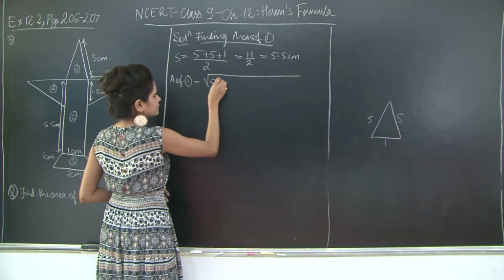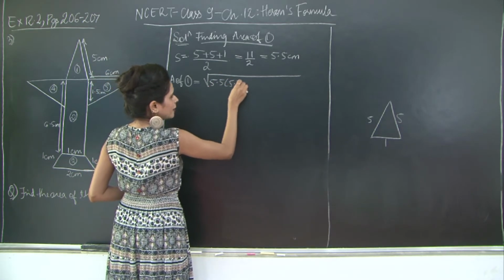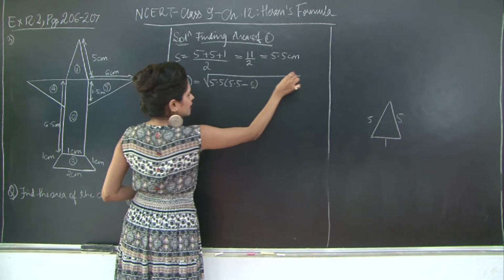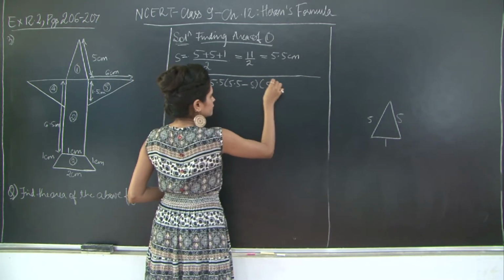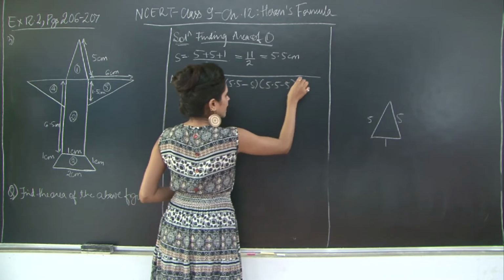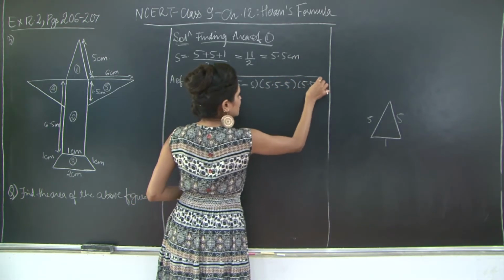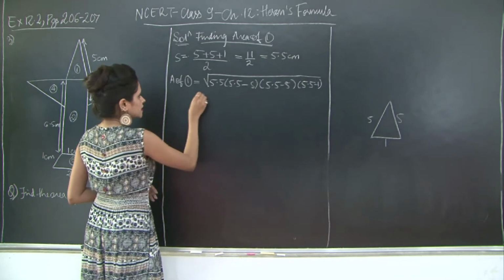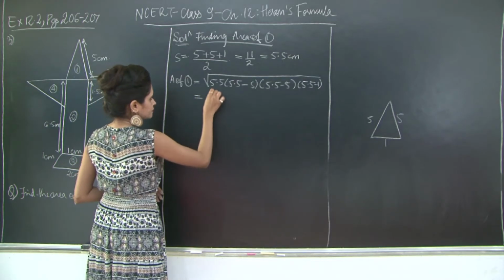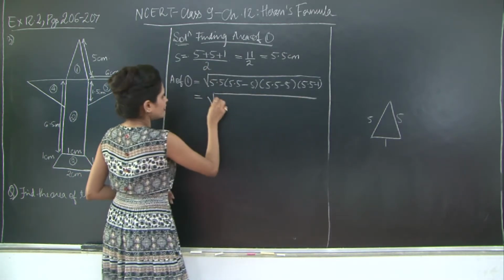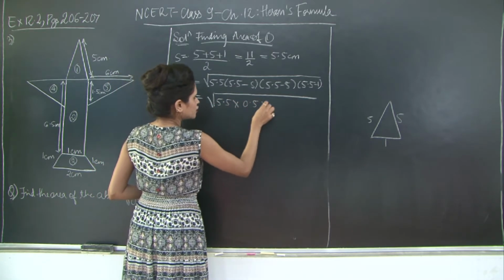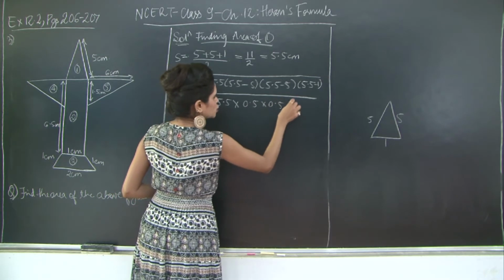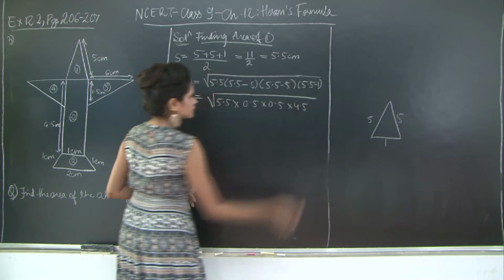Now, area of part 1 is what? 5.5 into 5.5 minus 5, then again 5.5 minus 5 and 5.5 minus 1, right. So, this is going to be 5.5 into 0.5 into 0.5 into 4.5, right.